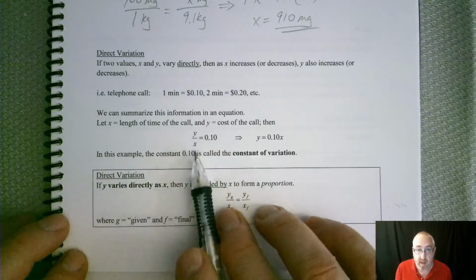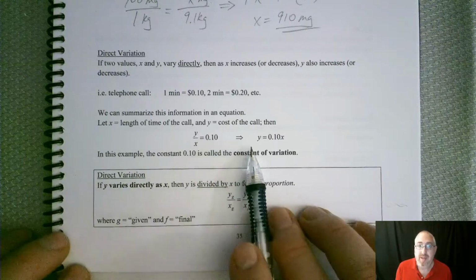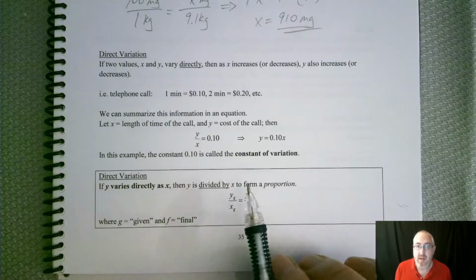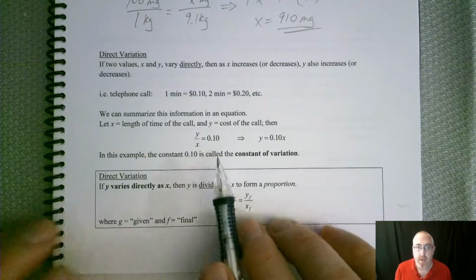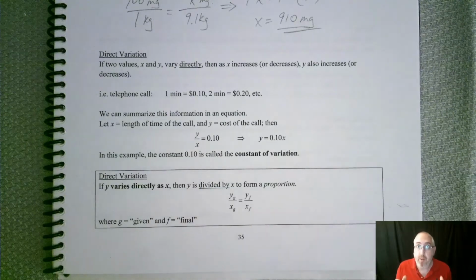So basically, anytime you divide this, you're going to get that 10-cent rate. So 10 cents is the constant of variation in this case. Now, technically, there's no units on it, but in general, that relationship, that multiplier, if you will, is going to be the constant of variation. We don't really need to know that.